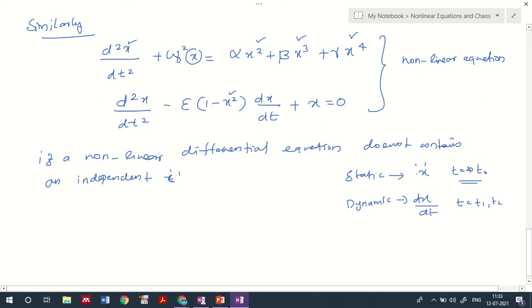So as the time moves, the change corresponding to the position or any property of the sample, such a system we call a dynamic system. Anything that is moving, with any parameter that is changing with respect to time, we can call a dynamic system. What is a static system?